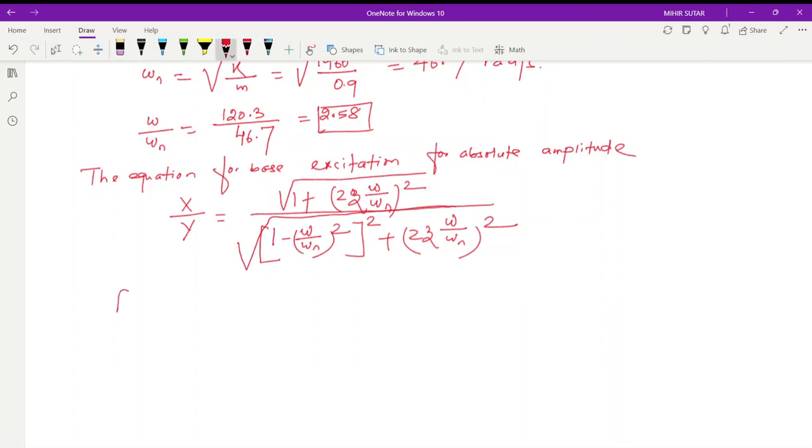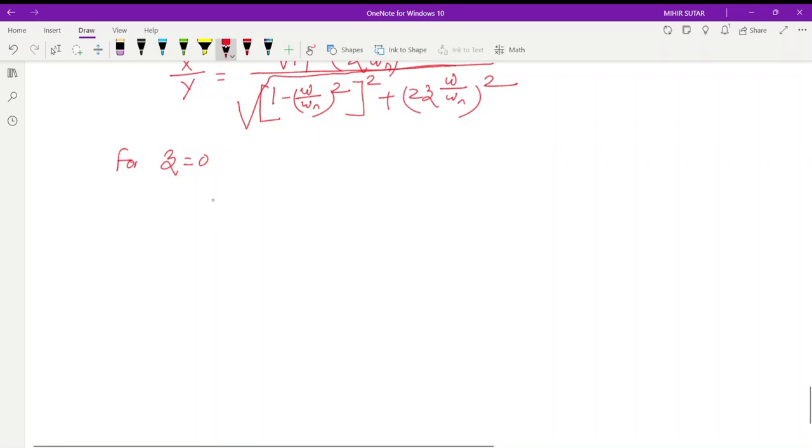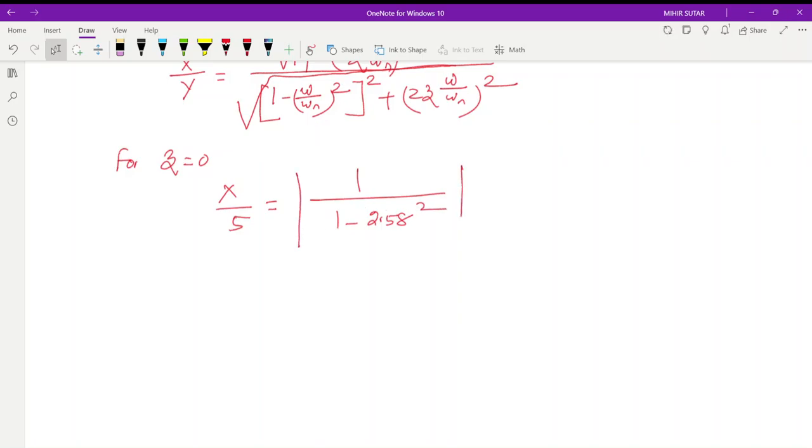So for zeta equal to 0, we can write this equation as x by 5 is equal to 1 by 1 minus 2.58 square. Okay. Zeta term will be neglected, this term will be 0.